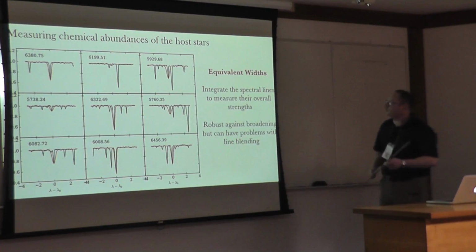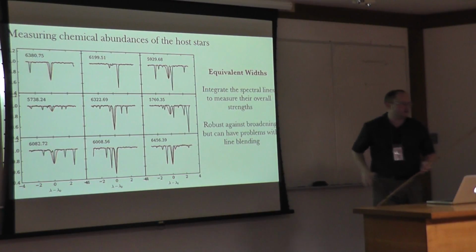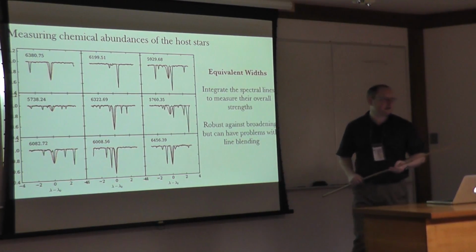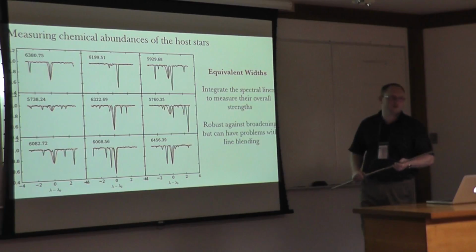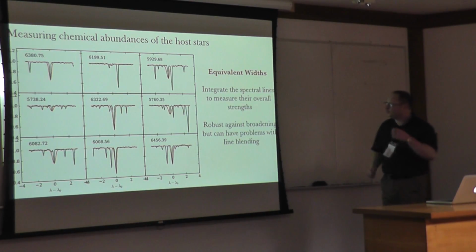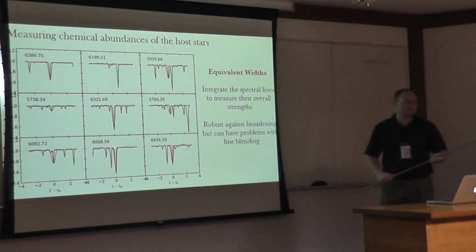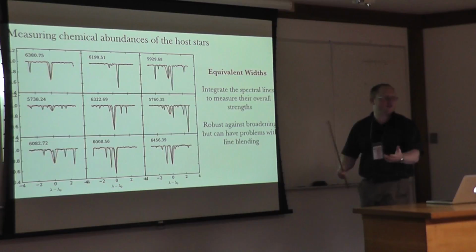However, we also, to increase confidence in our results, and also to allow it to be more, let's say, efficient, and do this in a fully automated fashion, we've just developed a new code that does this using equivalent width measurements, so just integrating basically the individual lines.